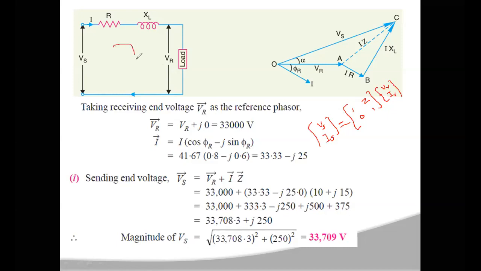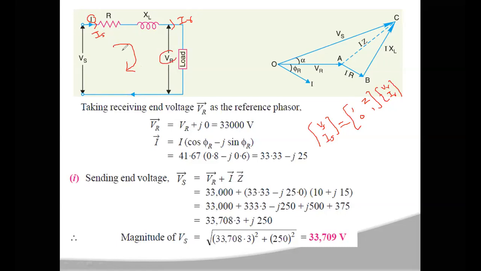From this equation itself, you write the KVL. That VS value is this VR plus I into Z. Your IR as well as IS are both the same for a short transmission line, which we represent with small I. Small I is the current flowing in the transmission line.